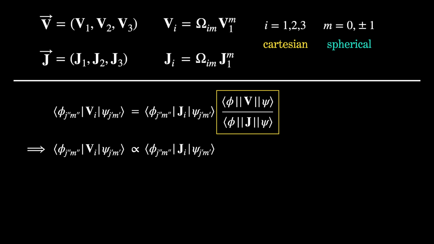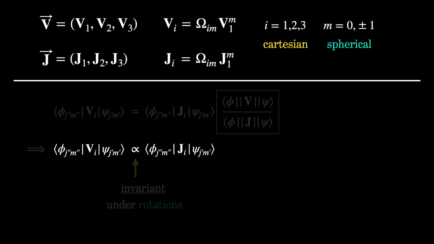The matrix element of any vector operator, where the two states involved are eigenstates of angular momentum multiplets, is proportional to the same matrix element of the angular momentum operator, up to a rotationally invariant constant.